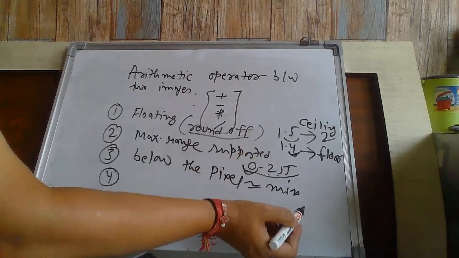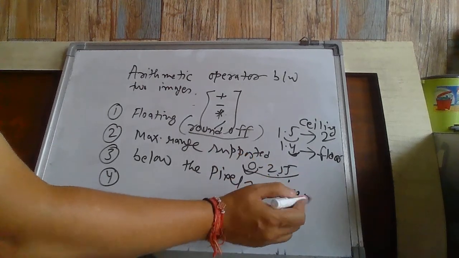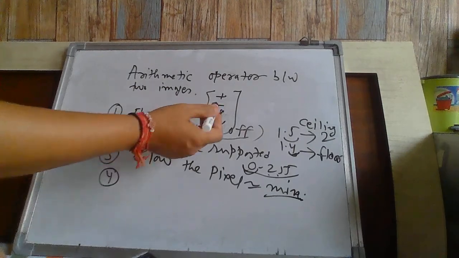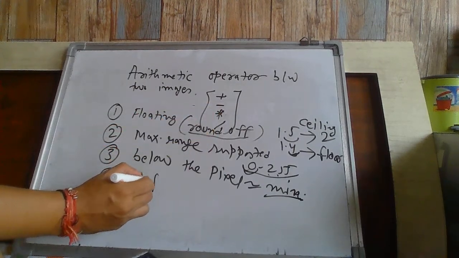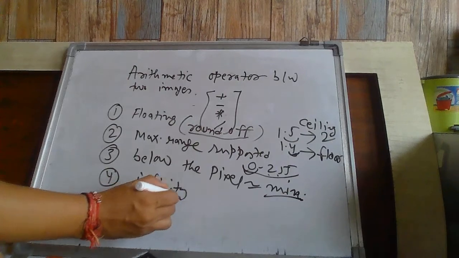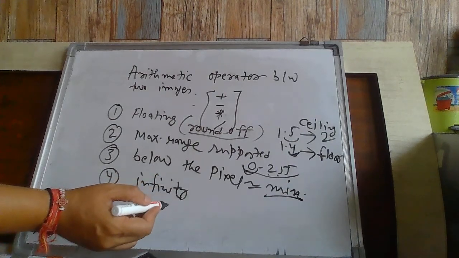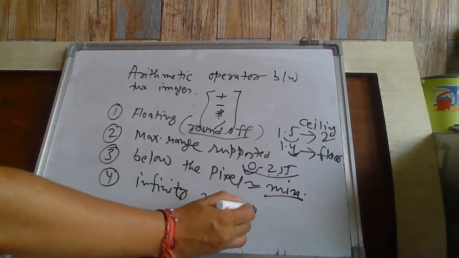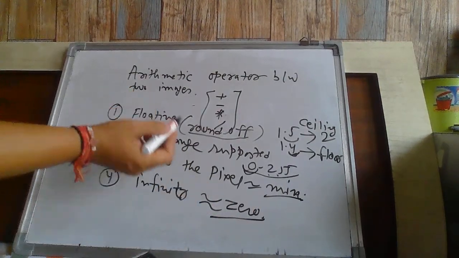We normally start with 0, so it should be replaced with the minimum value 0. And if the result after an operation, let's say division, comes out as infinity, you simply replace it with 0. So these 4 points you should be very careful about.